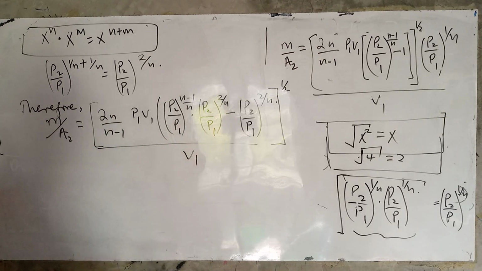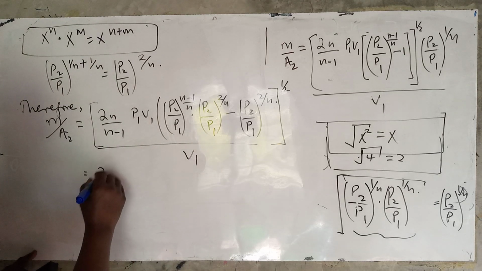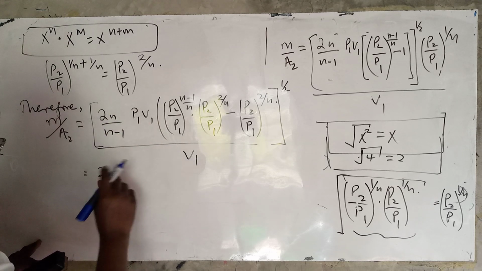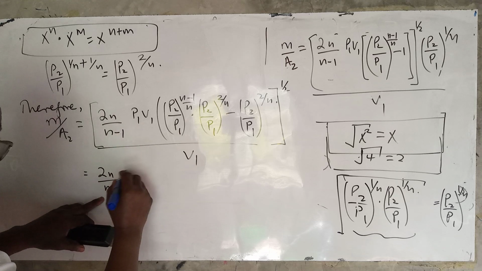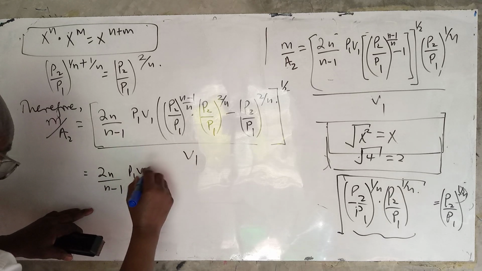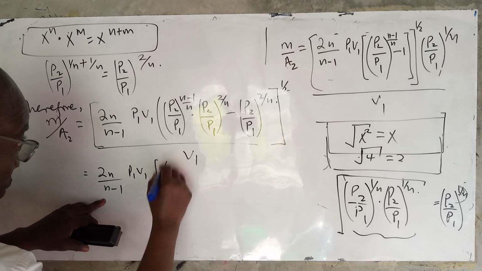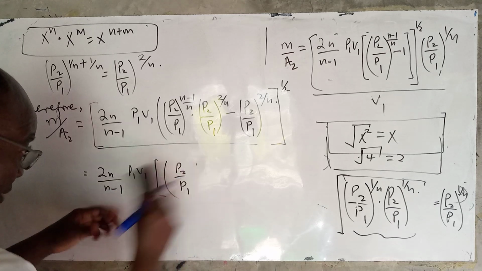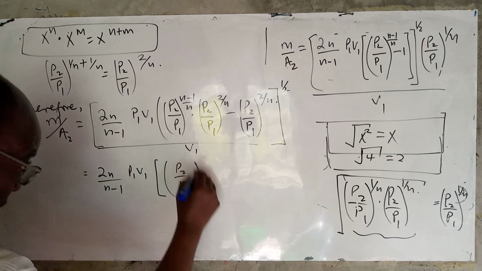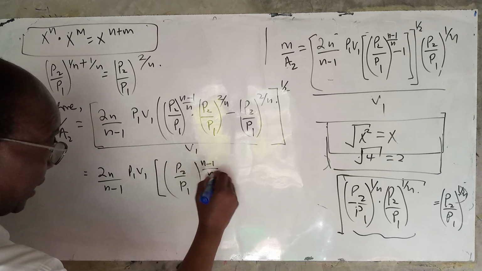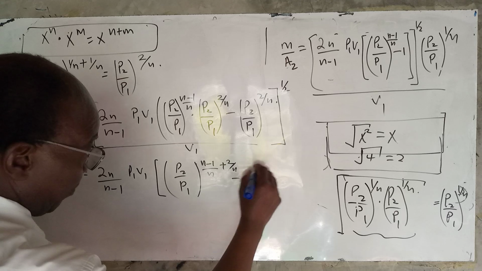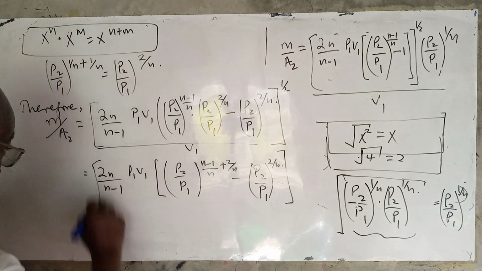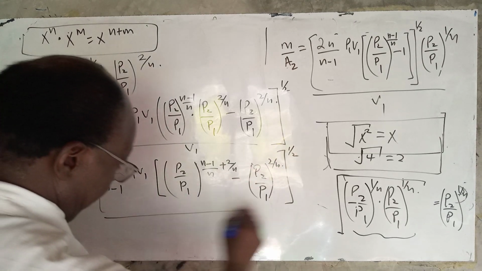And so what happens here? We have now 2n over n minus 1, and then of course P1 V1, into P2 over P1 to the n minus 1 over n plus 2 over n minus P2 over P1 to the 2 over n, square root, over V1.